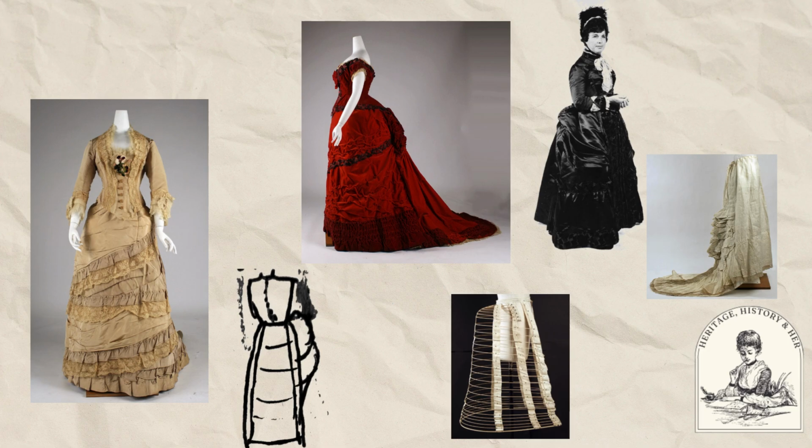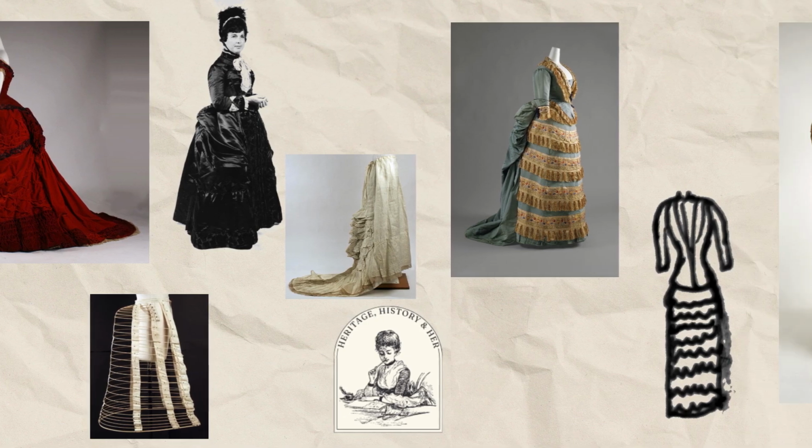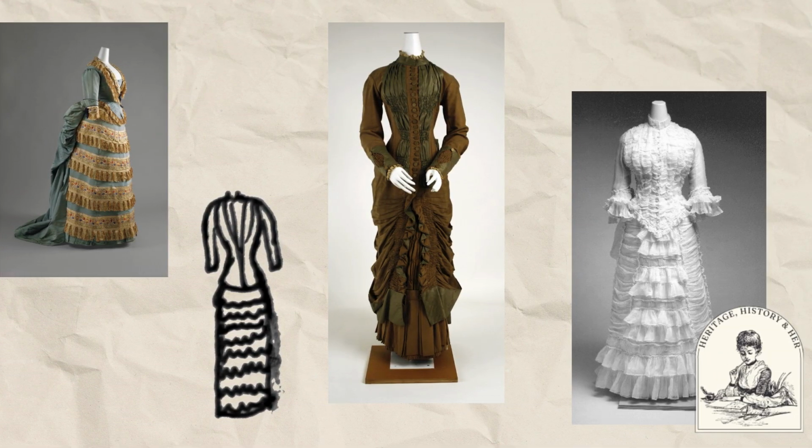From here, we return to the bustle. Throughout the 1870s, there's a variety of different styles of bustles and of ways to support them, changing how they're pinned back, held up, whether this is with ruffles and frills and similar. So moving to the 1880s, this bustle is no longer the focus point. It's the rows of frills and decoration at the front, as you can see in these pictures.